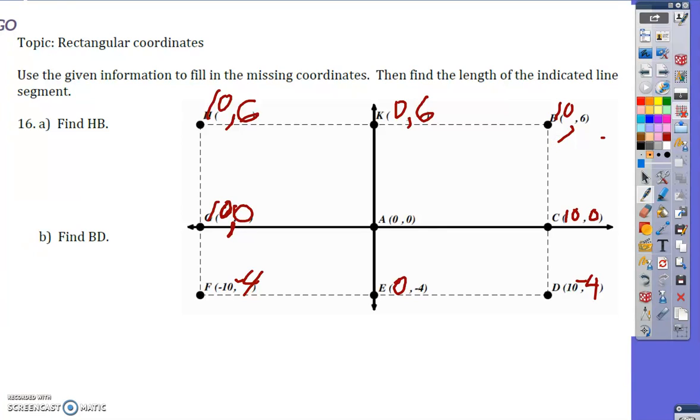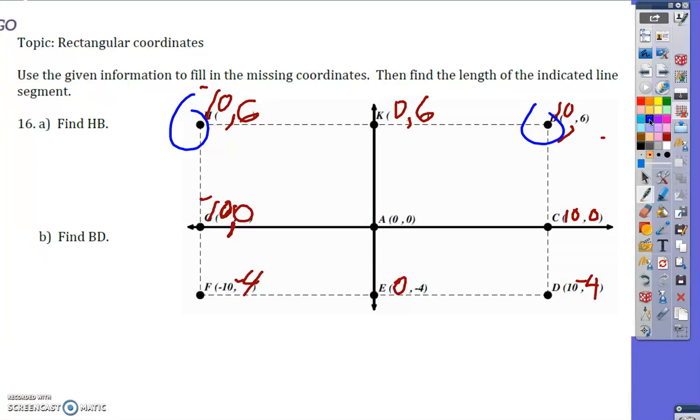So it wants to know the distance between H and B. So H and B, wait, excuse me, these are -10s. H and B, which goes from -10 to +10.